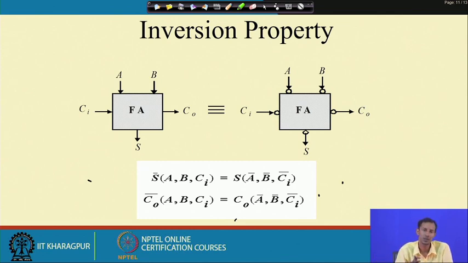It will not give you the corresponding expression for AB plus BC plus CA.